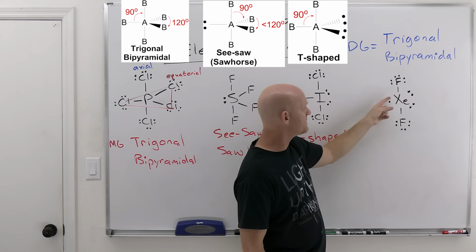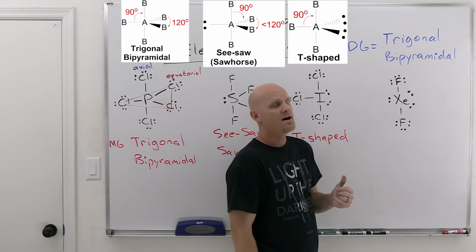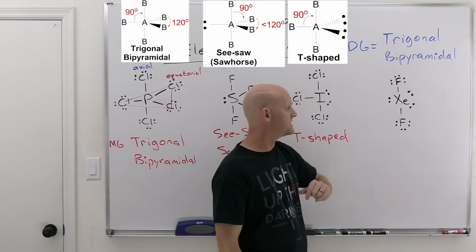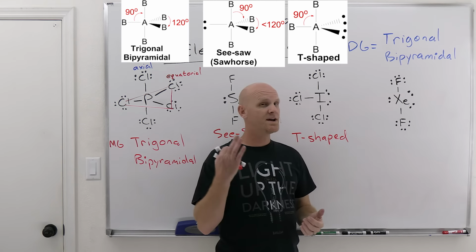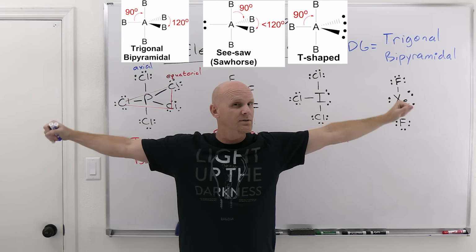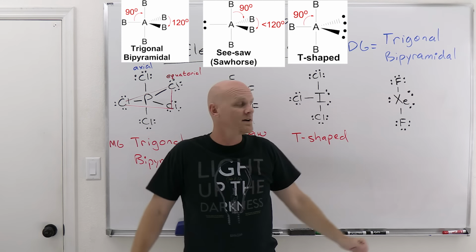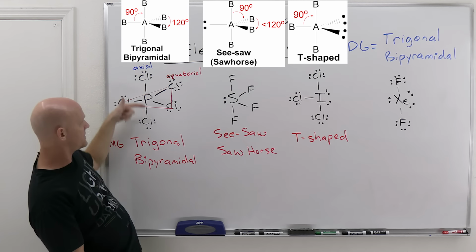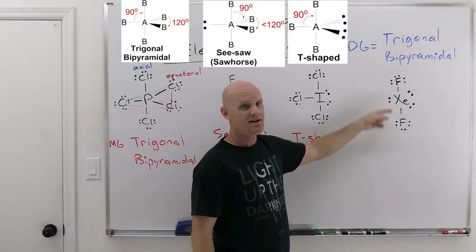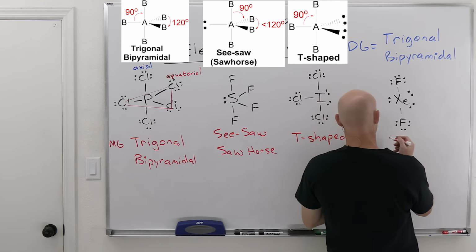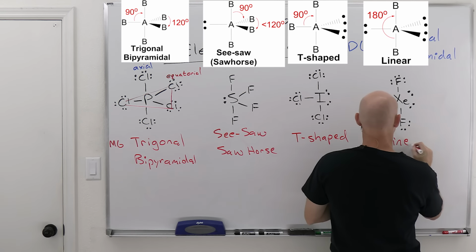For this one here, all 3 equatorial positions are lone pairs. And so we just have these 2 fluorines and the xenon. In this case, with 3 atoms, as we said earlier, they're either in a straight line and we call it linear, or they're not in a straight line and we call it bent. Well, in this case, the 2 in the axial positions really are 180 degrees apart, and if they really are 180 degrees apart, then this is going to be called linear.